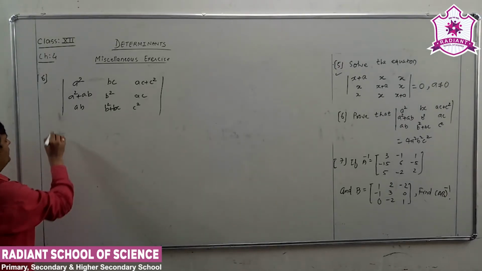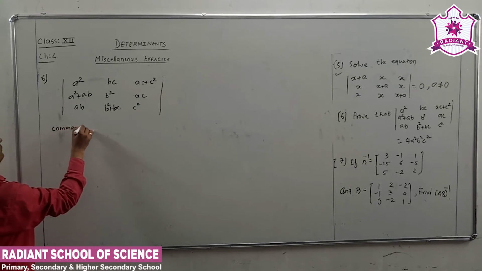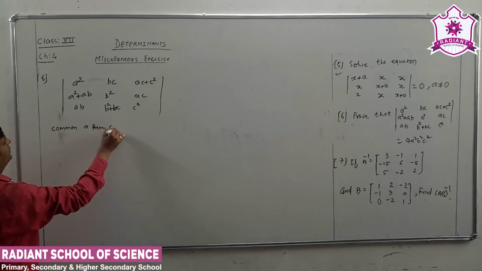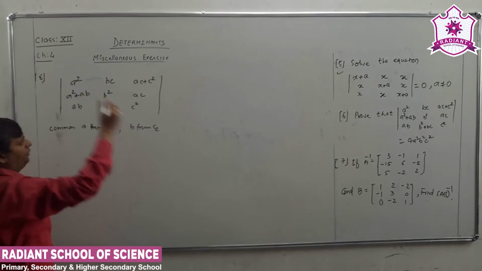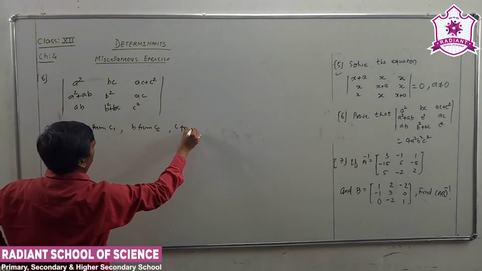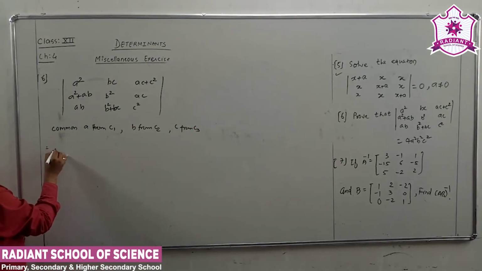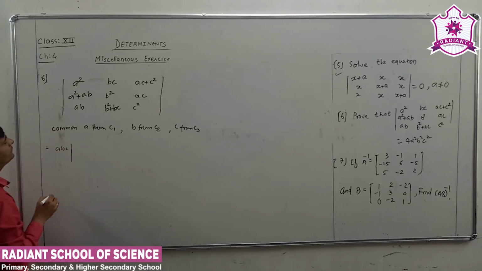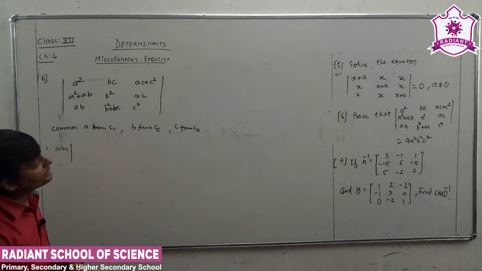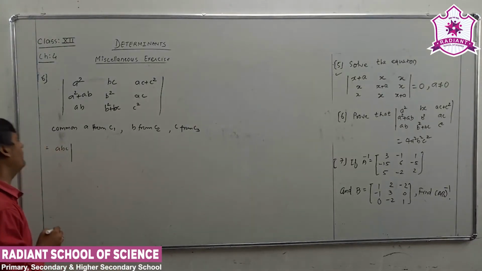With simple, that means here the common A from C1, B from C2, and C from C3. So here the A, B, C, we take common. A, B, C. Okay, and it is given that it is equal to 4ABC, right?